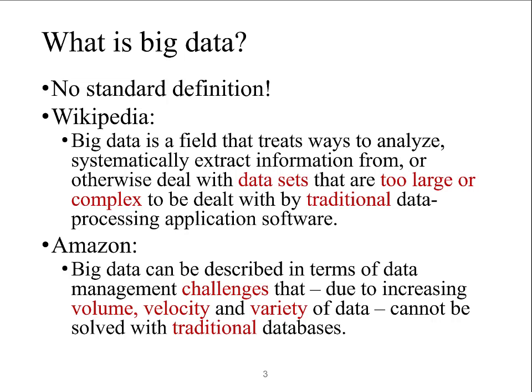Both Wikipedia and Amazon mentioned the word traditional, which is also the challenge of big data, because as the data becomes bigger or more complex, the traditional methods or traditional software cannot solve the new challenges.